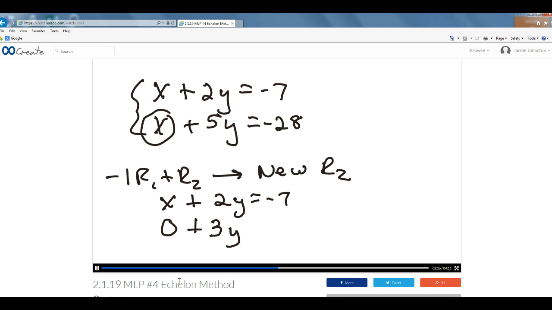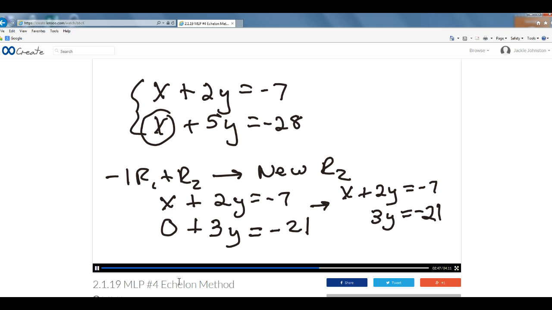And then negative 1 times negative 7 is 7, and then adding it to negative 28 is going to be negative 21. And so what do we get here? I have x plus 2y equals negative 7, and my new row 2 is 3y equals negative 21.